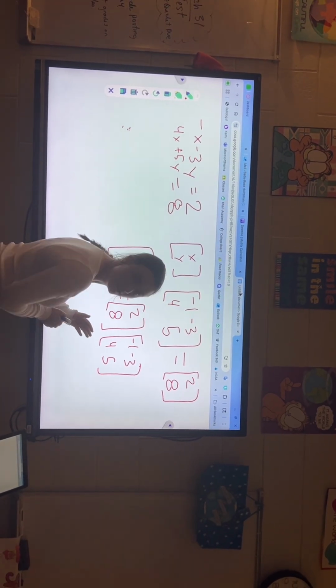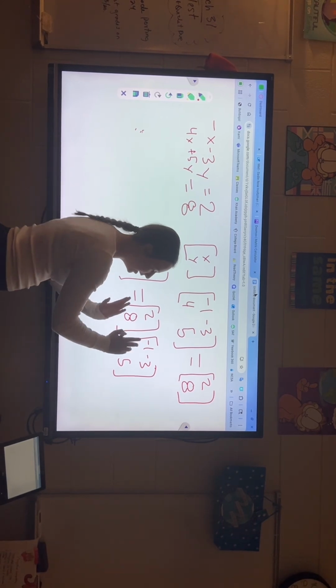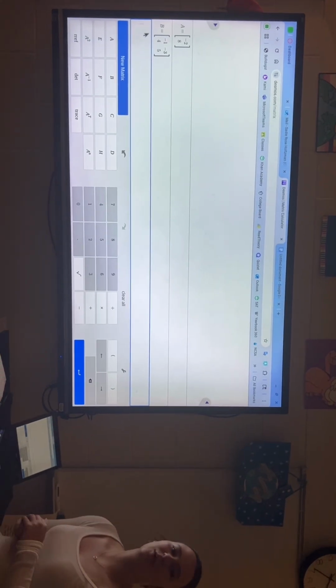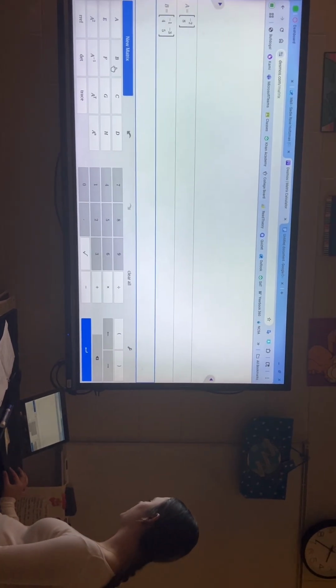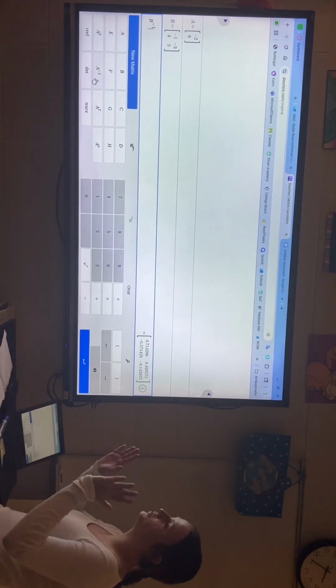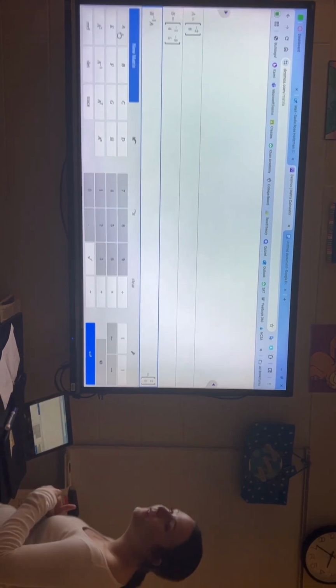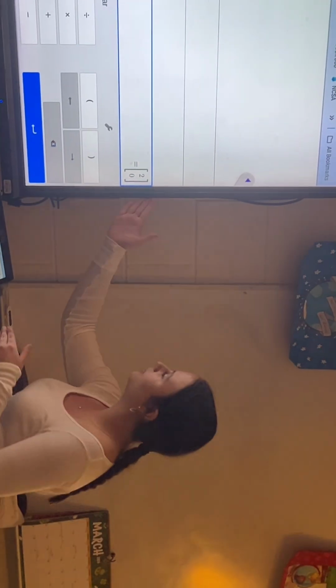Since we're moving it to the other side, we have to make it inverse. So when we put it in, we do B inverse, since we moved it over to the other side, times A. And then our answer is X equals 2 and Y equals 0.